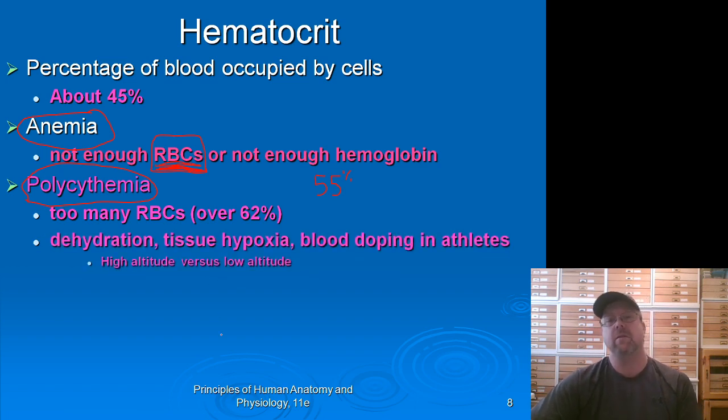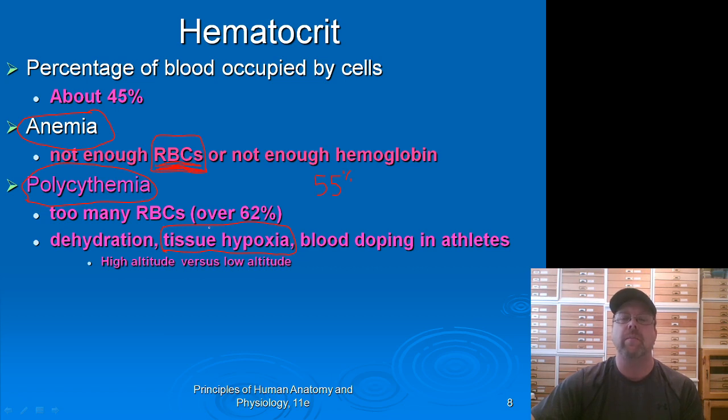Polycythemia can be due to a bunch of different things. Dehydration can change our percentages of blood to water, blood to blood plasma, or cells to blood plasma. Tissue hypoxia, this is not getting enough oxygen. So if you live in an area that's near sea level, like let's say you live in Los Angeles, you have more oxygen in the air than someone in Colorado.